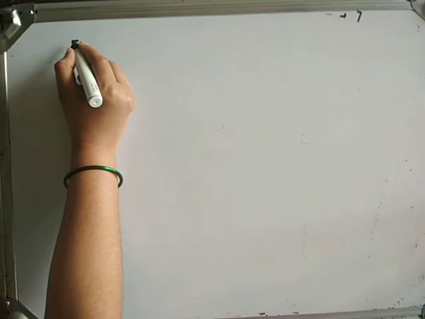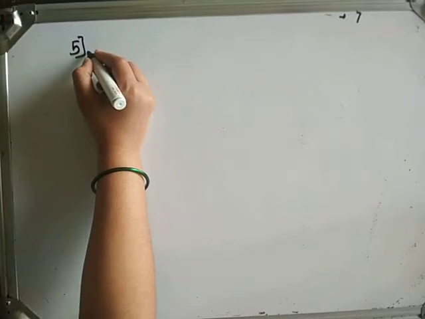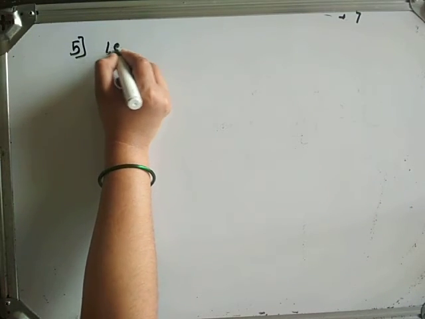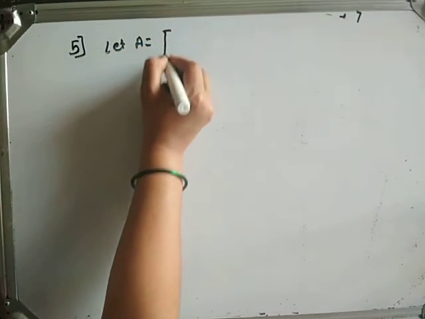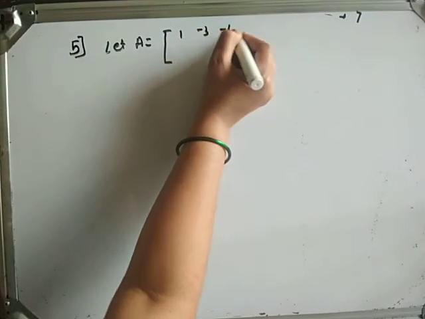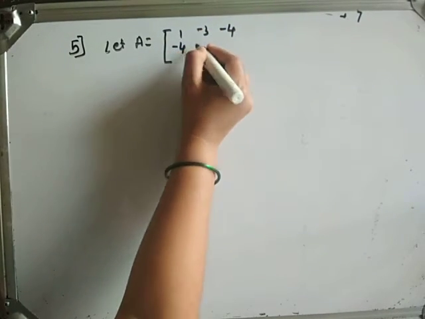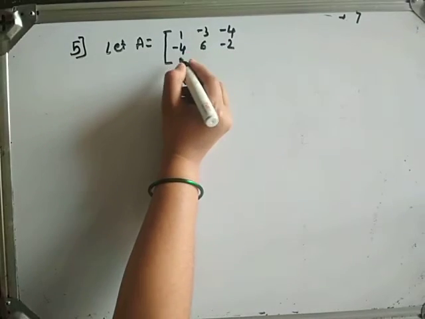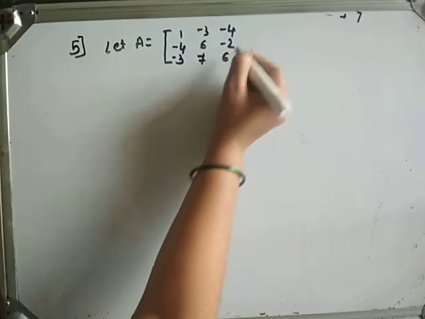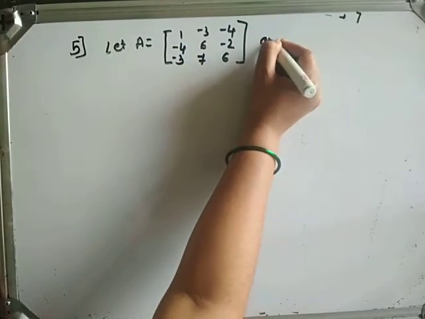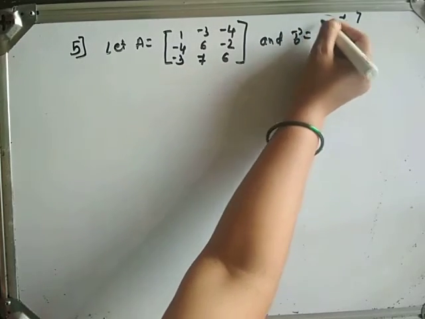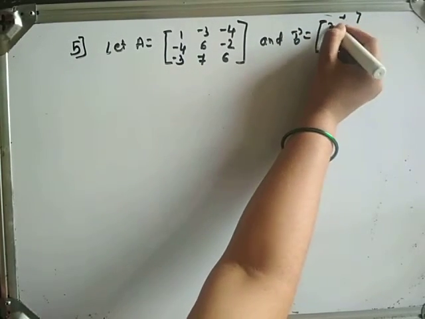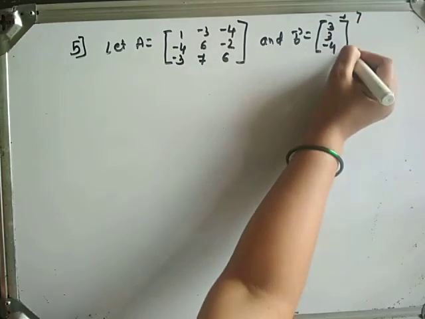Let us take next example. Let A be the matrix with rows 1, minus 3, minus 4; minus 4, 6, minus 2; minus 3, 7, 6, and b bar is the matrix 3, 3, minus 4.